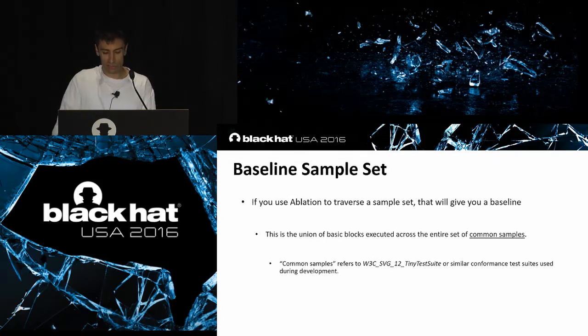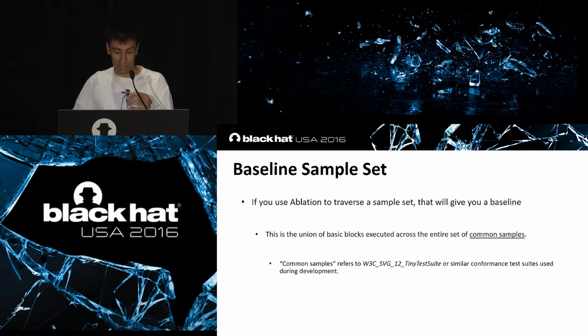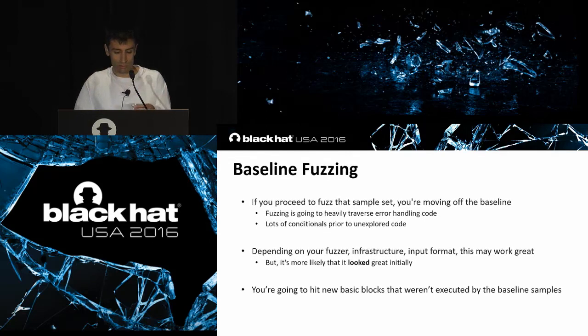Now, if you use ablation to traverse a sample set, like an SVG test suite here, you have a bunch of common samples. If you take those samples and you fuzz and you hit new code, you're moving off this baseline. Depending on your fuzzer, it might work great. Chances are that it won't.